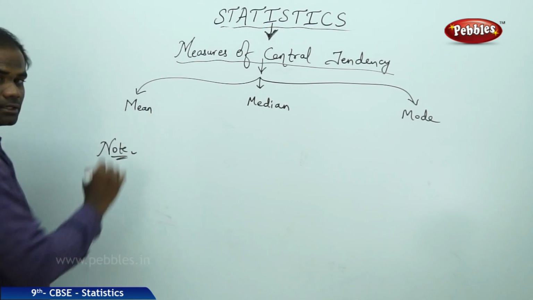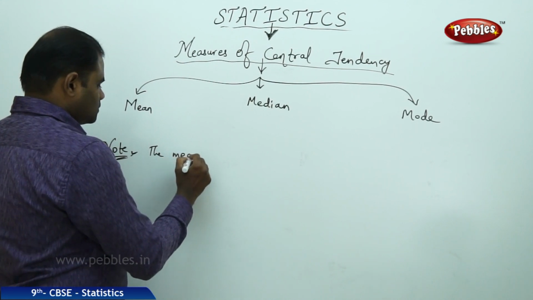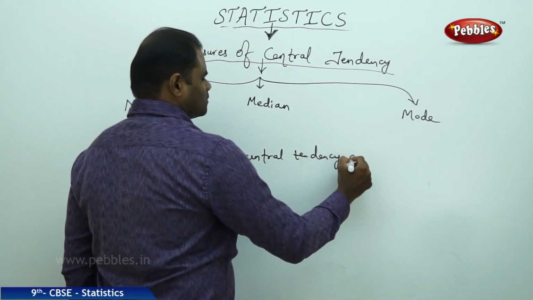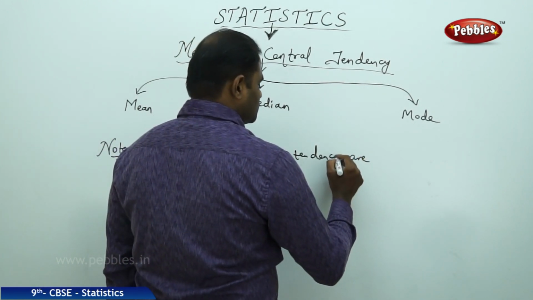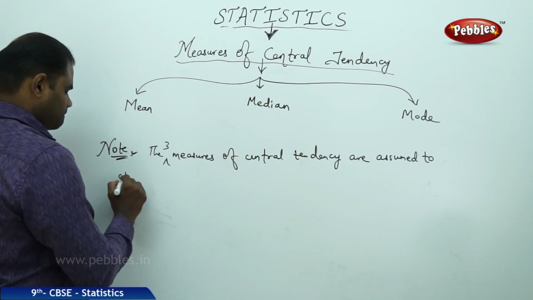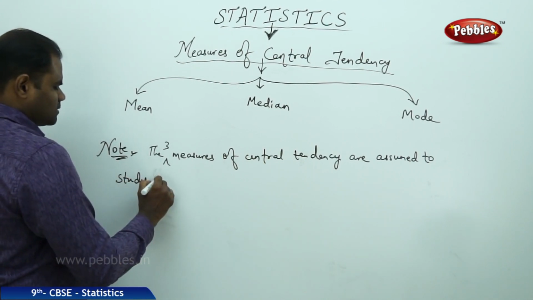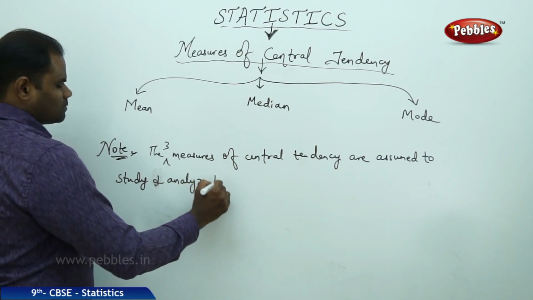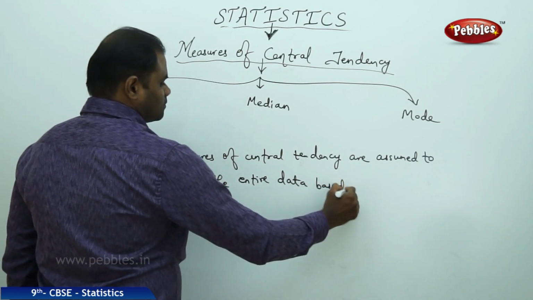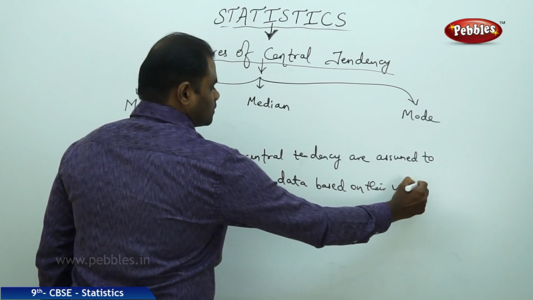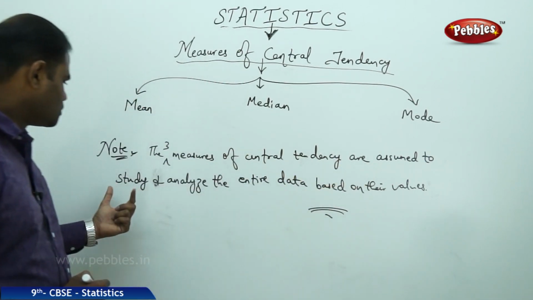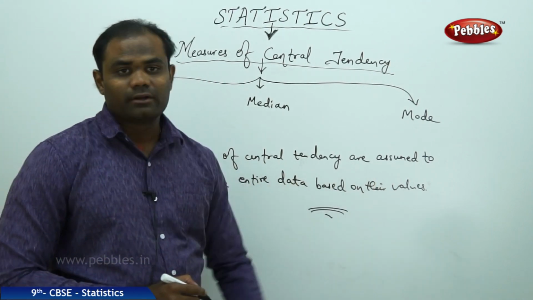Let's take a note that the three measures of central tendency are assumed to study and analyze the entire data based on their values.